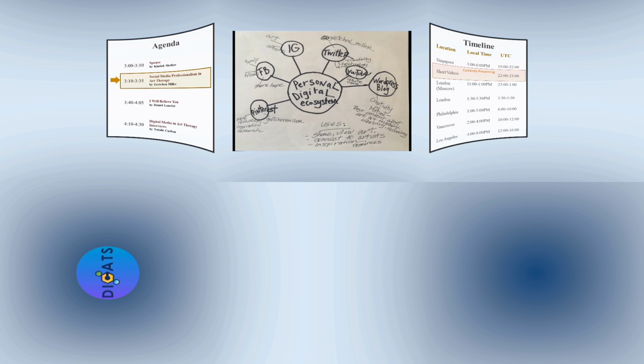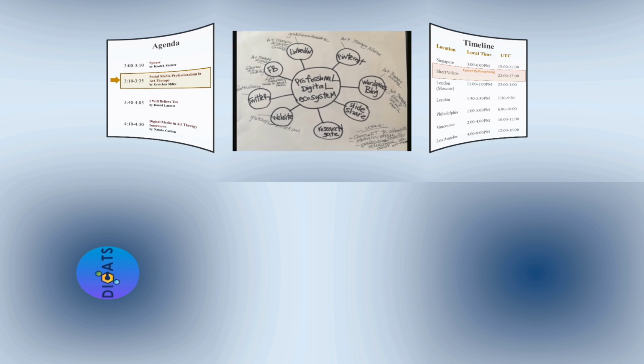I have examples of two mind maps that I created focused on my personal digital ecosystem as well as my professional. I feel that doing art or looking at this visually can be a great assessment to understand and explore more of how we use social media online.